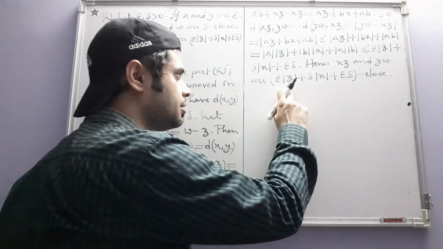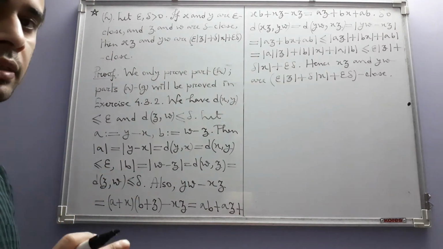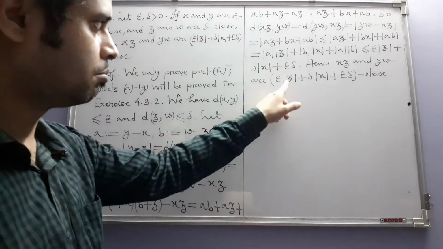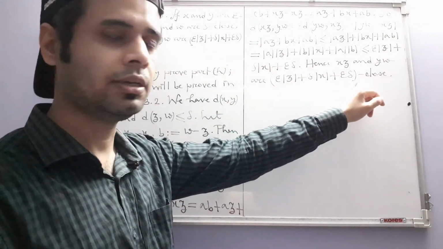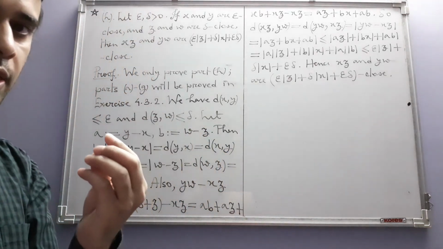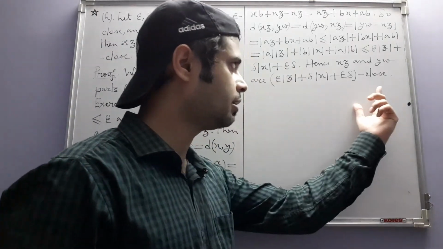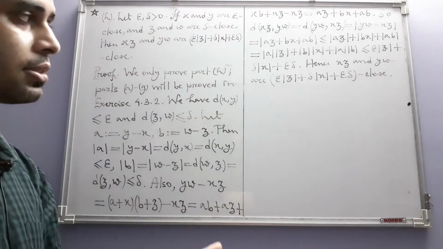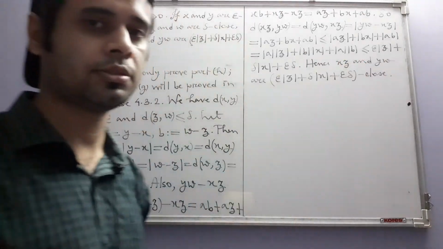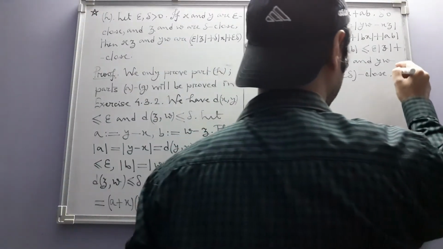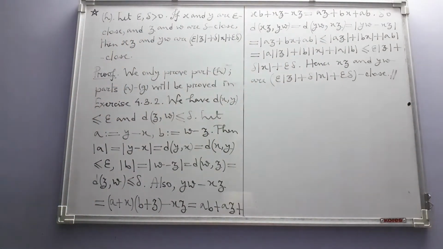That means this is greater than or equal to 0, this is also greater than or equal to 0, but they may be equal to 0 when both z and x are 0. Even in that case, we are left with epsilon delta, which is a product of two positive rational numbers and hence is positive. So in any case, this thing is positive. So it makes sense to say that two rational numbers xz and yw are this close. Okay, so this completes the proof of part H, and we end our proof here.